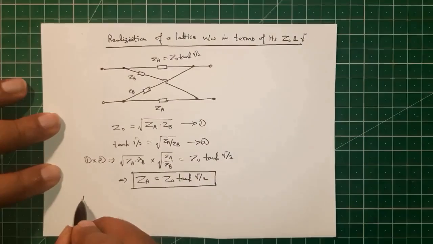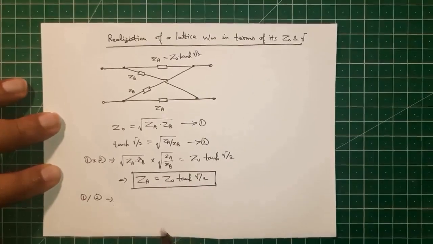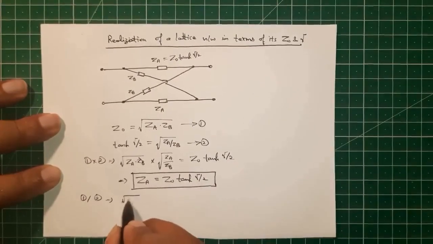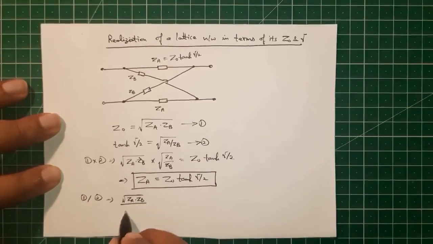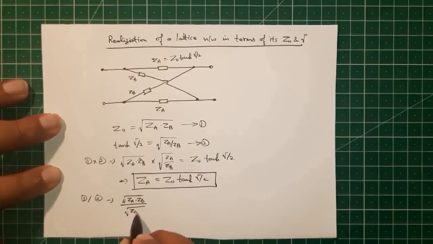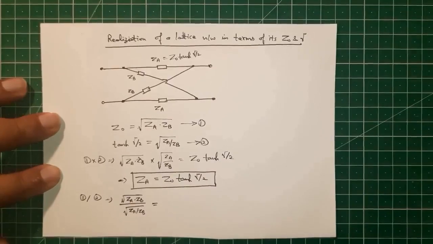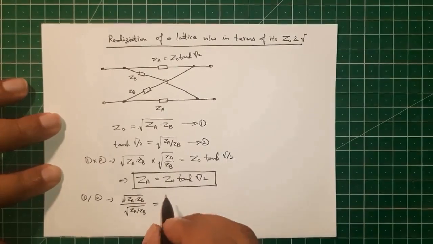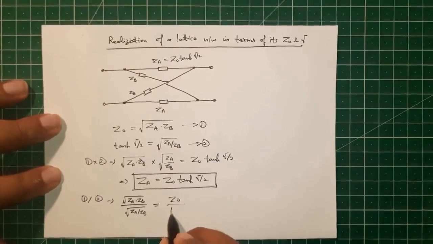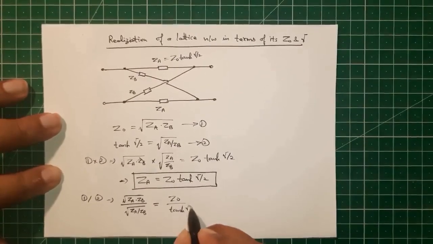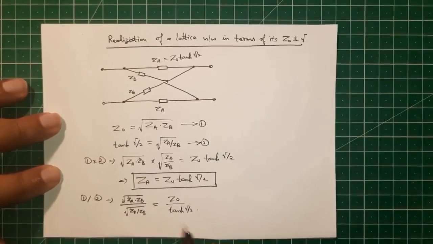Now what if we divide equations 1 by 2? So we have square root of ZA into ZB divided by square root of ZA by ZB, and on the right hand side we have Z0 divided by tanh gamma by 2. We can cancel these terms.